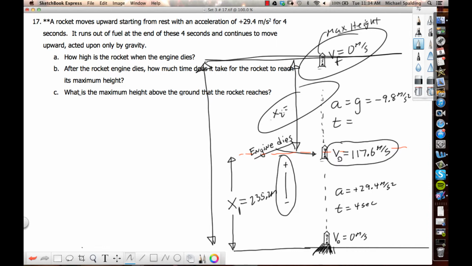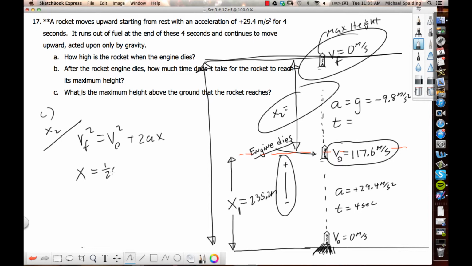Okay, so do we have enough info to solve for x2? Yeah, we totally do. We could use v final squared equals v initial squared plus 2ax. In fact, three of the kinematics equations work.